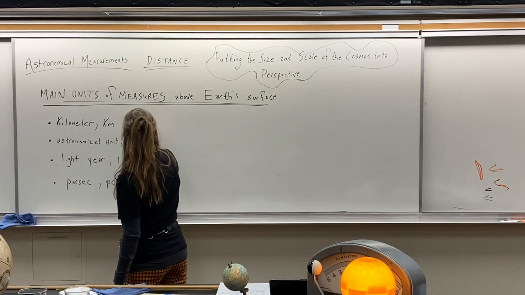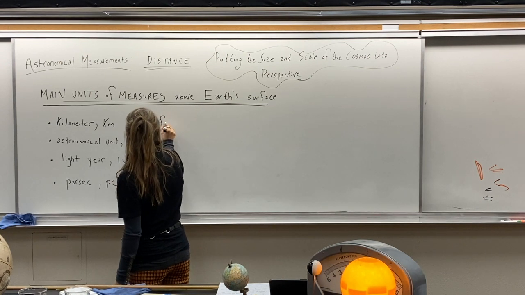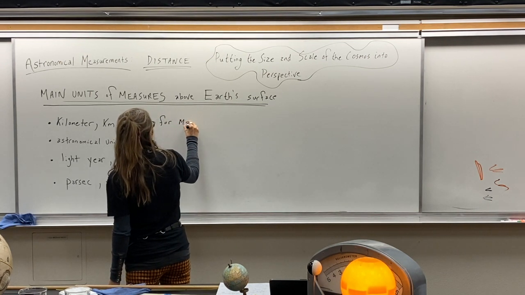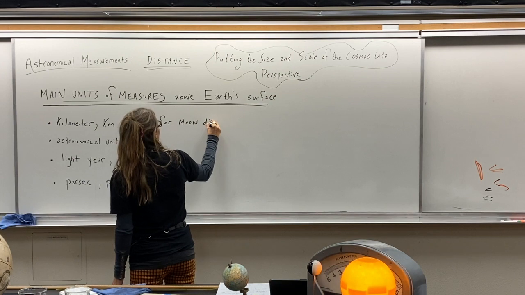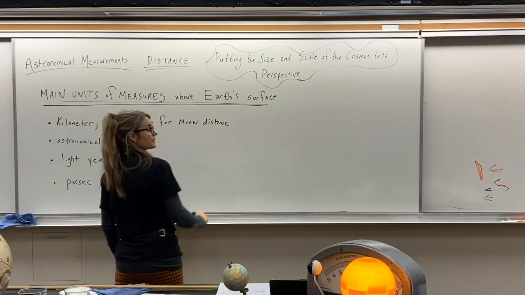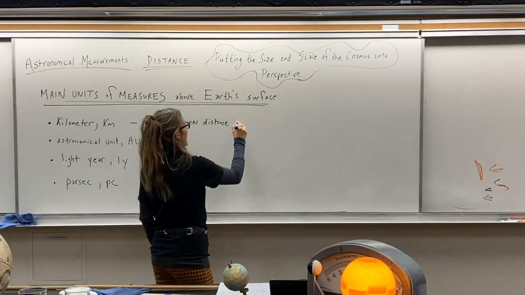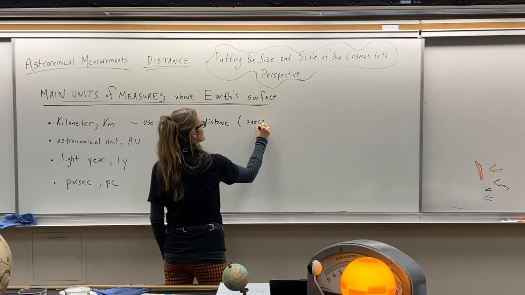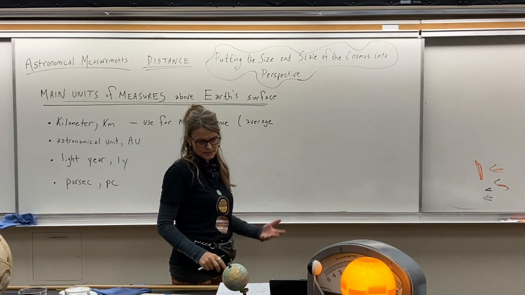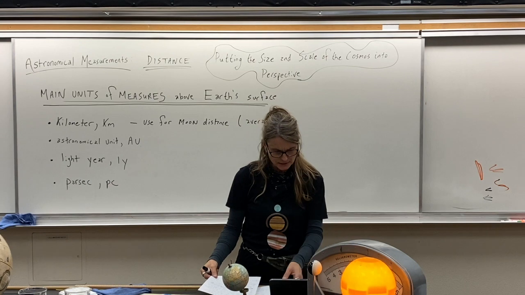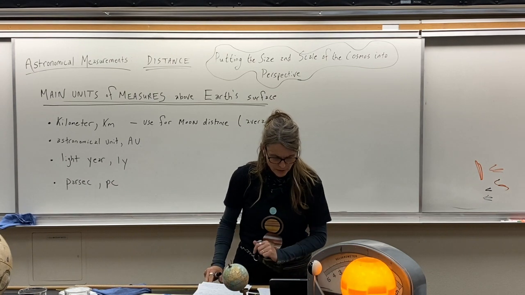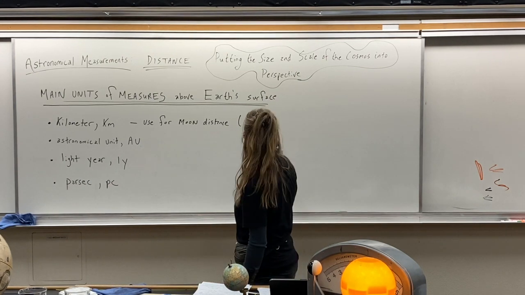Kilometers we can use for the moon distance, the average moon distance. What do we have for the average moon distance? It's about 3.83 times 10 to the 5 kilometers.